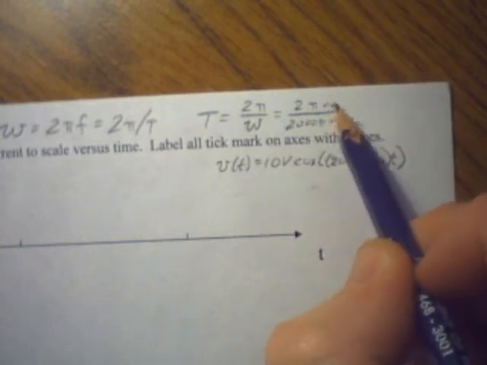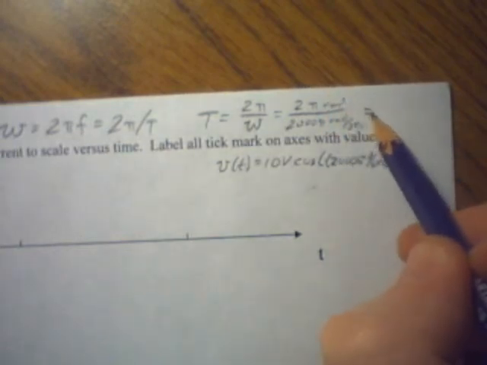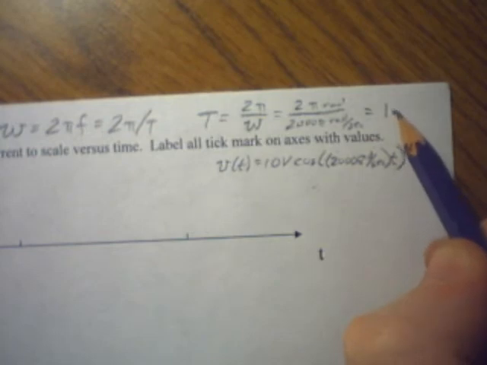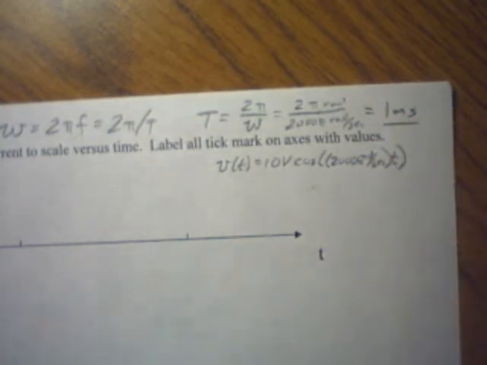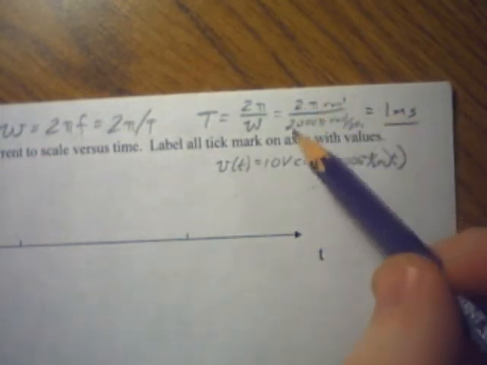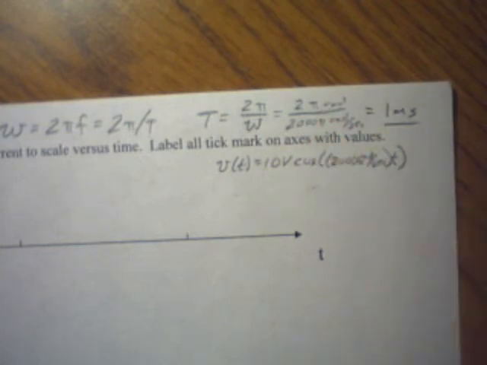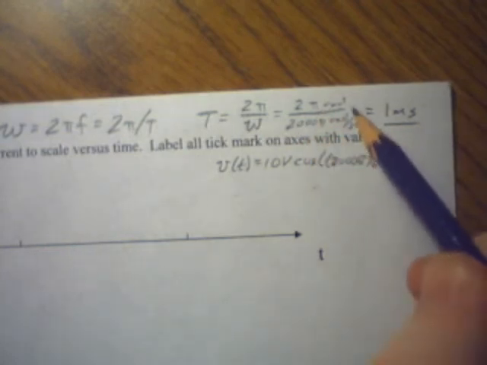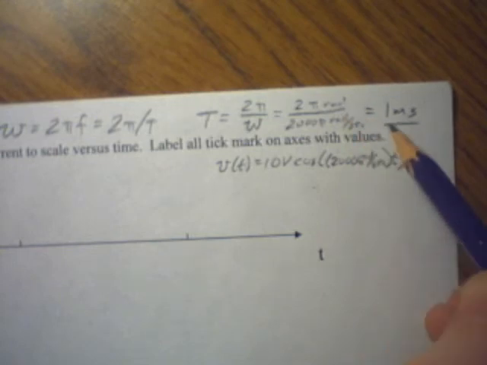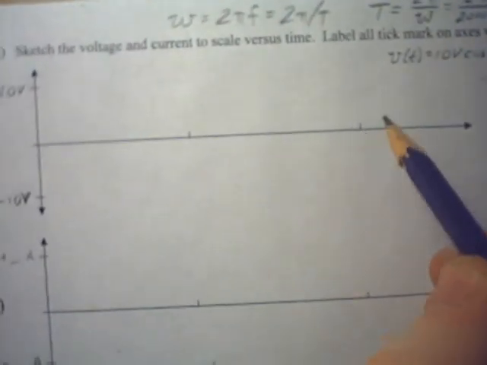This up here is radians. That gives us 1 millisecond. Pi's cancel out, 2's cancel out, we get 1 over 1,000, and then we have, look at this, the units here come out in seconds, 1 millisecond. That makes it easy to label this.